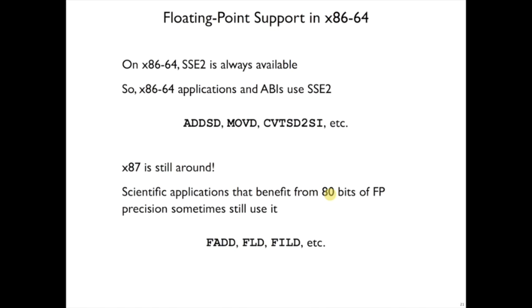So even some modern 64-bit programs will still use x87 instructions to take advantage of the 80 bits of precision. And you know you're seeing x87 code when you see operations like fadd or FLD, floating point load, or floating point integer load to convert. The ones that start with an F there are x87.